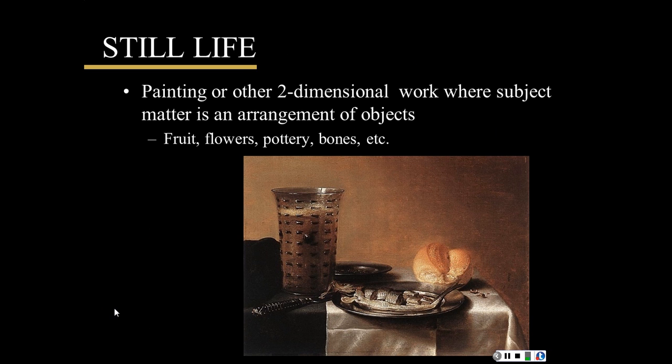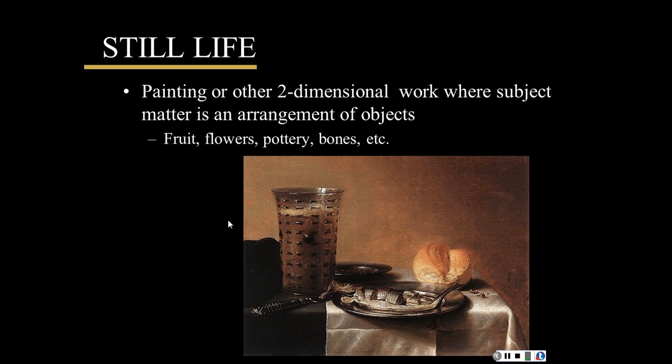A still life is a painting or another two-dimensional work of art where the subject matter is an arrangement of objects, of things from the natural world. So historically, you'll see fruit and flowers and pottery, bones, animals kind of coming together in this kind of study or still life.